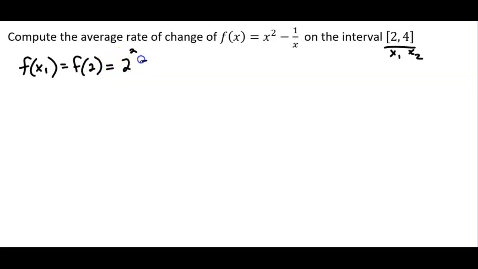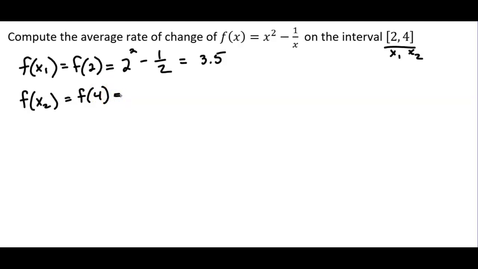So 2 squared minus 1 over 2, which is 4 minus a half, so what's that, 3.5. I'll just make it a 3.5. We'll go for it like that with a decimal, but that's okay. So now we have to find f of x sub 2, which is going to be f of 4.